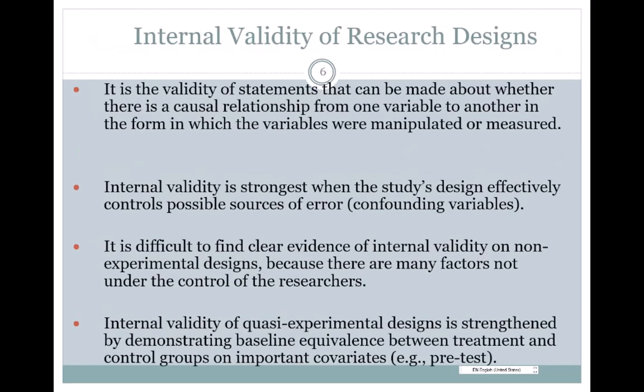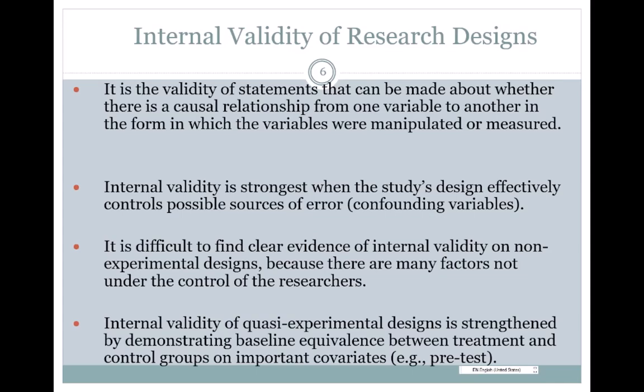Okay, so internal validity is the ability of the study to provide information about the causal relationship between treatment and outcome. So internal validity is the strongest in experimental designs, because experimental designs control for sources of selection through random assignment.